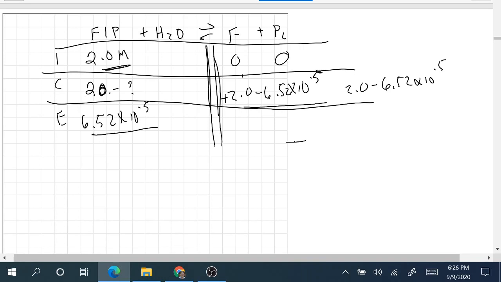Okay, and so that's equal to 0.19938, but I'm just going to keep that as 2.0 minus 6.52 times 10 to the minus 5th. Okay, and then I'm just going to draw dots for that.